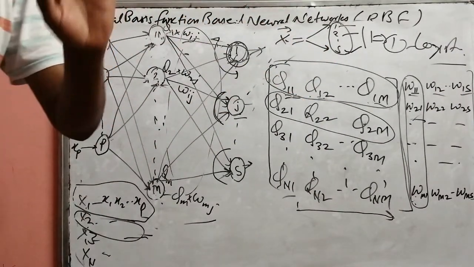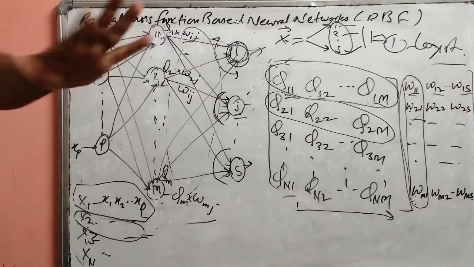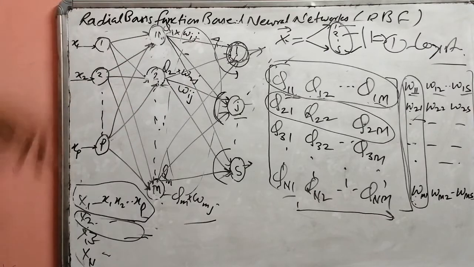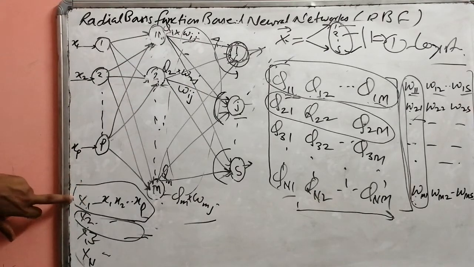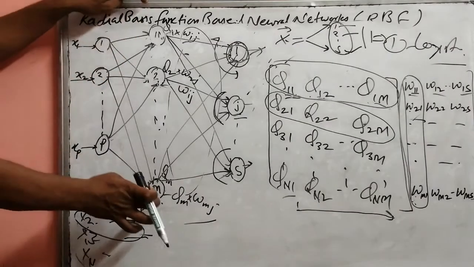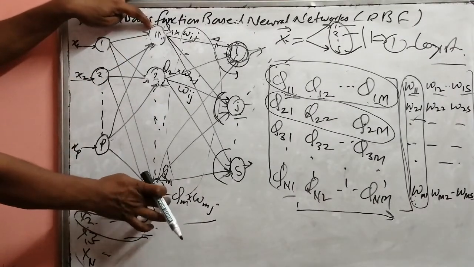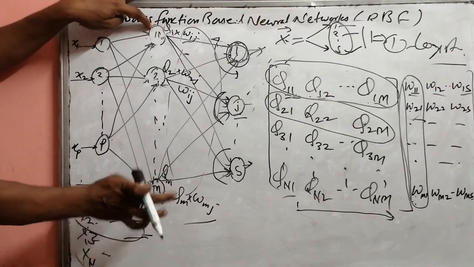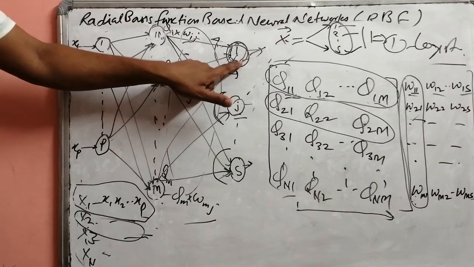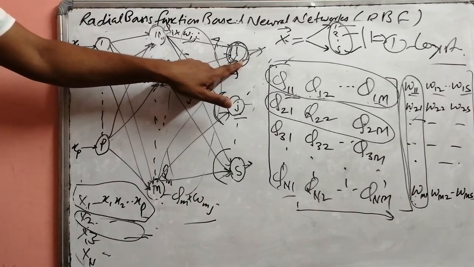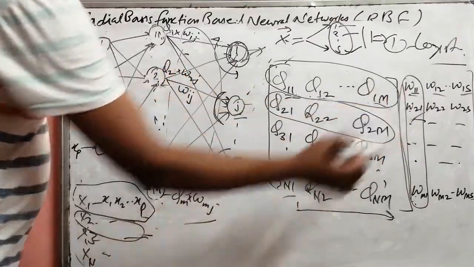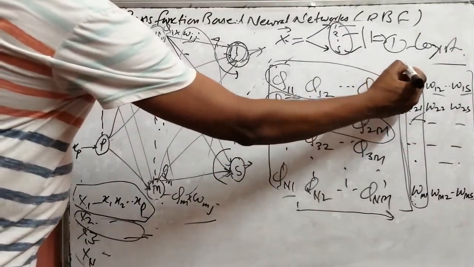So let us just again revisit the calculation of weights for the first pattern. Now the first pattern will come, that is x1. It will be coming in here, then it will be extended in m dimensions here. Then after extension to m dimensions, the output at this neuron will be calculated. How will it be calculated? Just by multiplication of this row with this column. It will generate a value, suppose a.